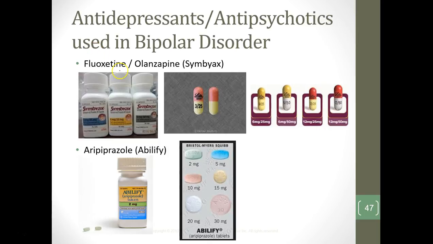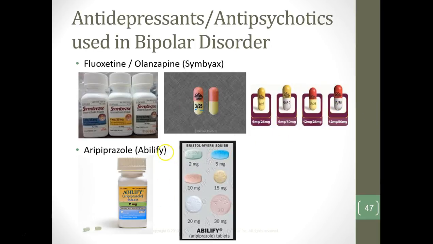Now with a combination drug, this is the first time we've talked about them, both strengths have to be listed, so each of the ingredients. It comes 3/25. The olanzapine is the first drug, so it's actually 3 milligrams of olanzapine with 25 milligrams of fluoxetine. And then 6/25, 6/50, 12/25, 12/50, so that you can identify those tablets.